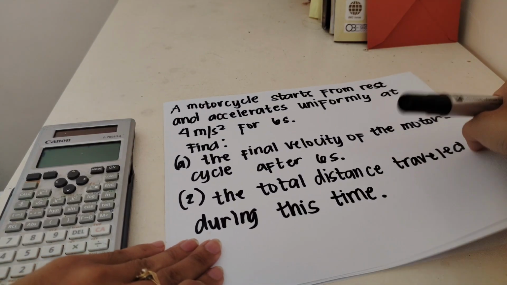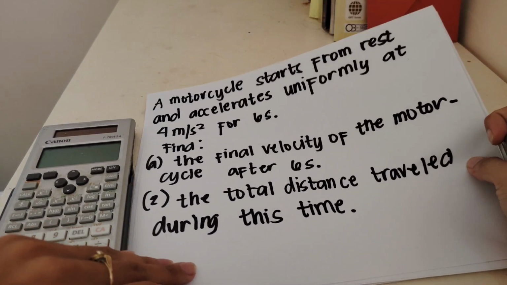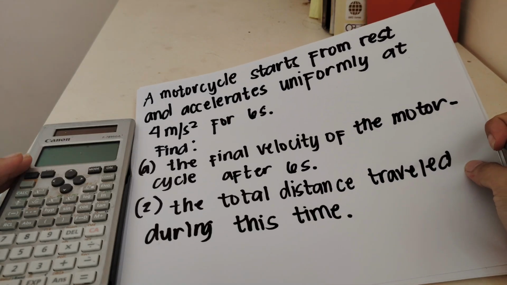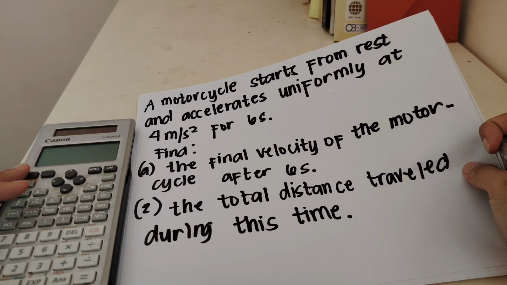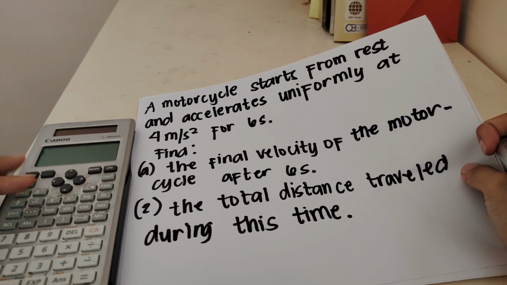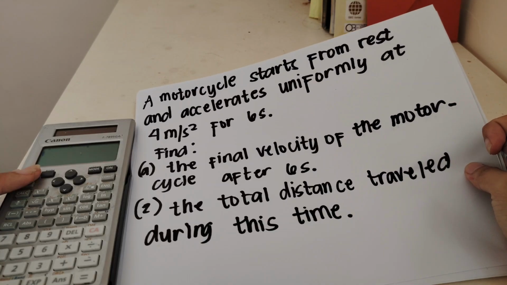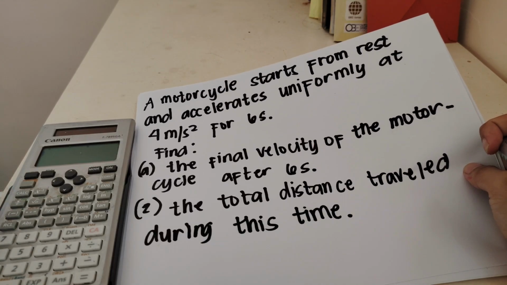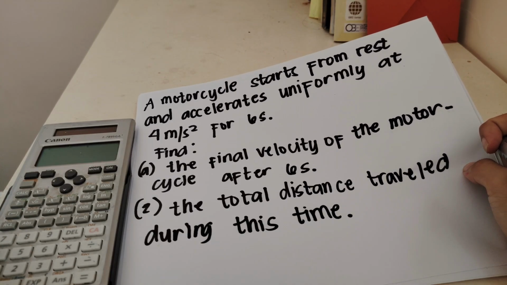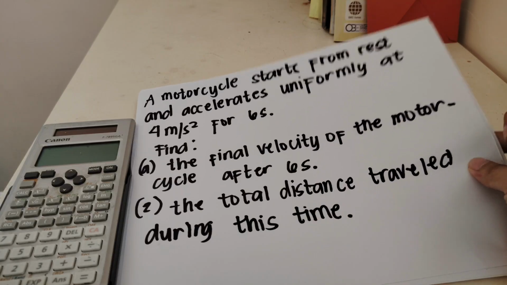So let's read it again. So a motorcycle starts from rest and accelerates uniformly at 4 meter per second squared for 6 seconds. So find the final velocity of the motorcycle after 6 seconds and the total distance traveled during this time.